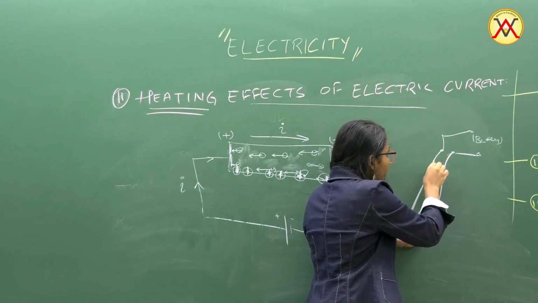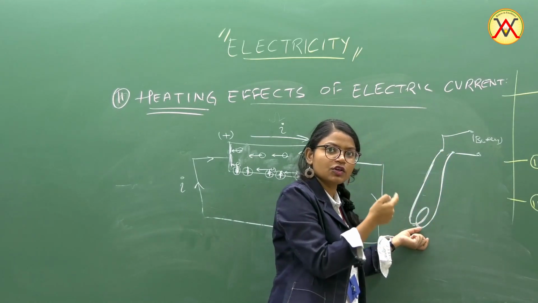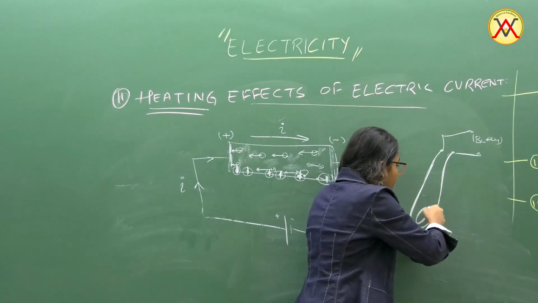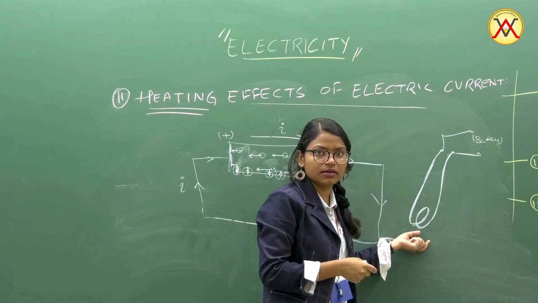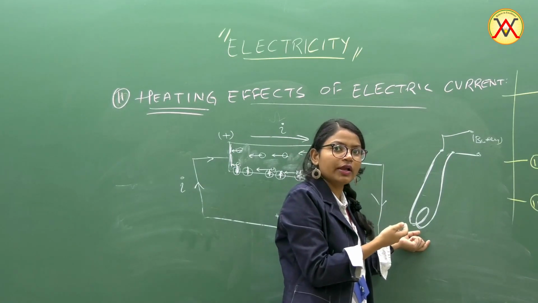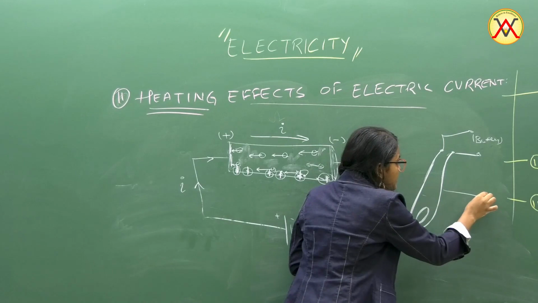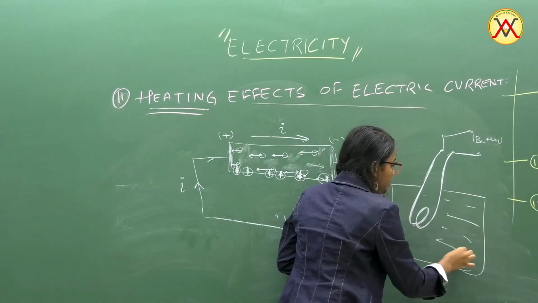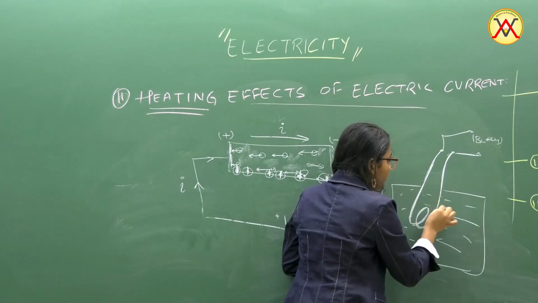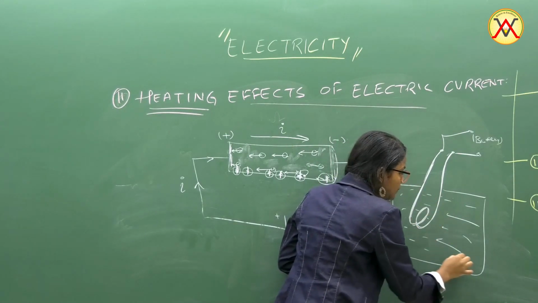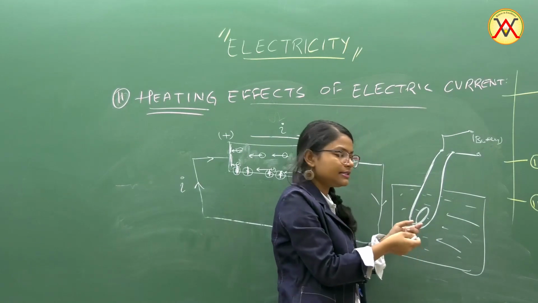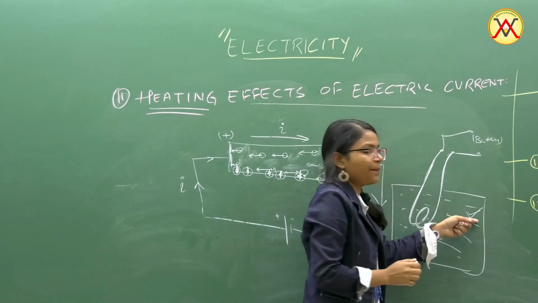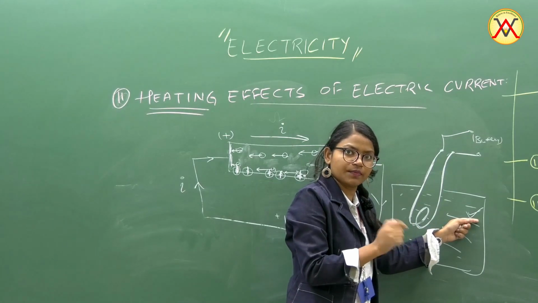Ultimately, they increase the kinetic energy of those atoms and electrons, and hence the temperature of this whole coil increases. When the temperature of this whole coil increases, if we insert this coil inside a bucket full of water, this coil gives out its heat to the water, and ultimately due to the transfer of that heat, our water heats up. Its temperature increases.